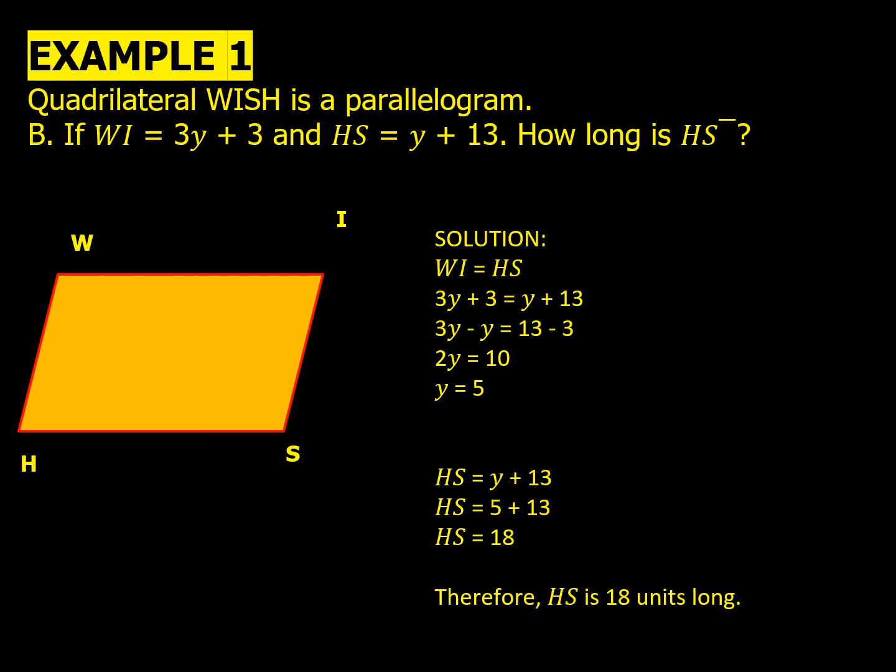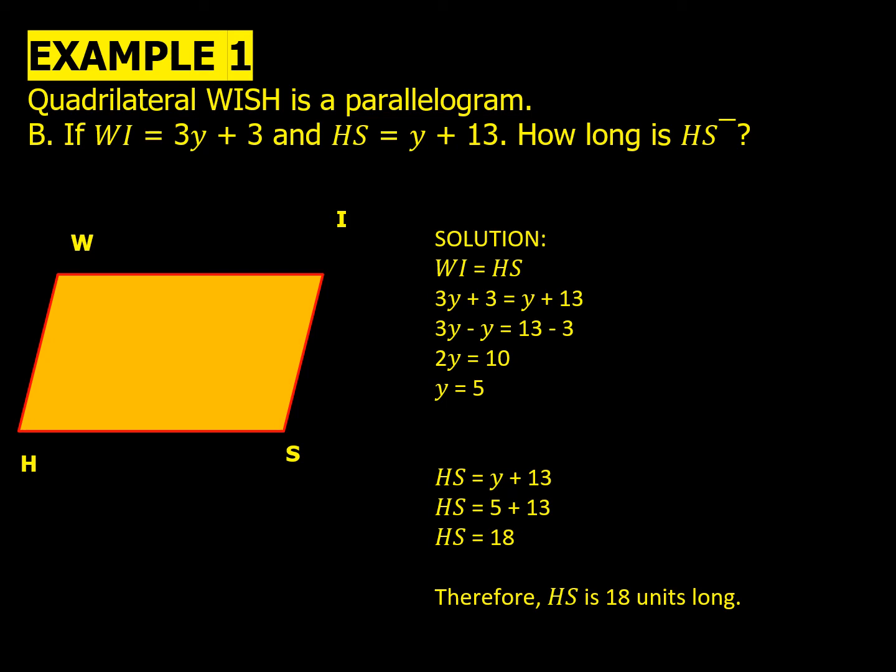And then dividing both sides by 2 to find the value of y, we have 2y divided by 2 is y, and 10 divided by 2 is 5.